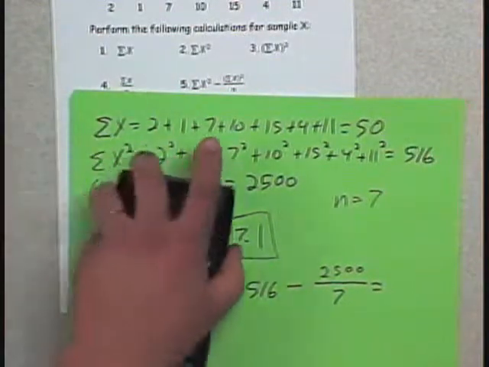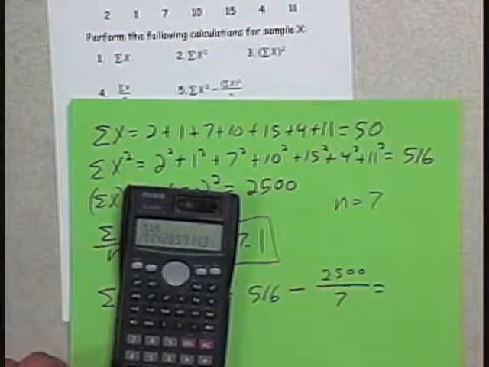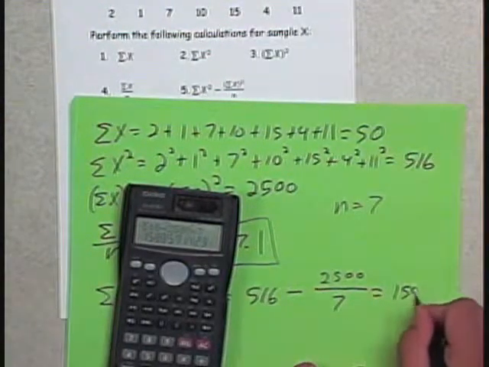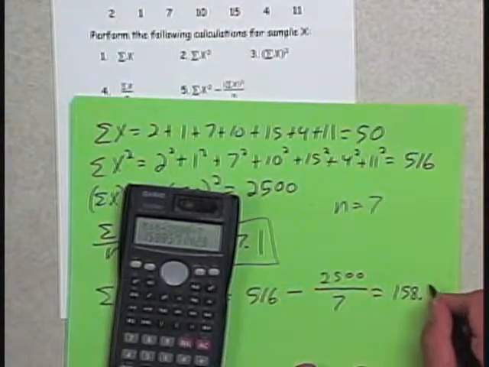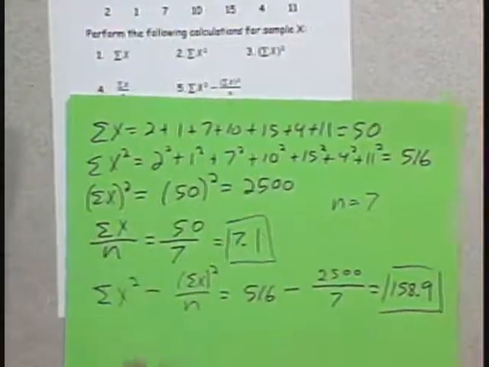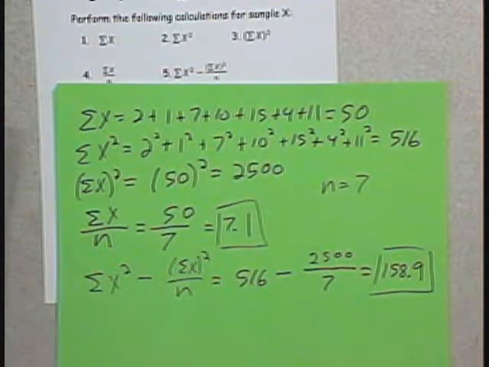So put this in my calculator. 516 minus 2,500 divided by 7. And I get 158.9. And again, I round that to one decimal place. Okay? So those are some of the main sums that you're going to use over and over again throughout this course. So you want to practice those.